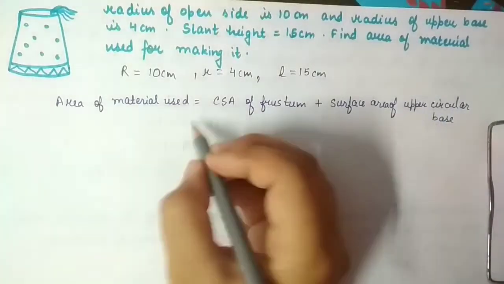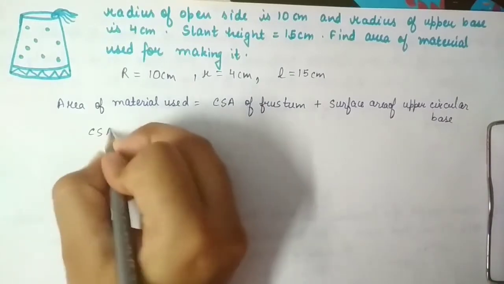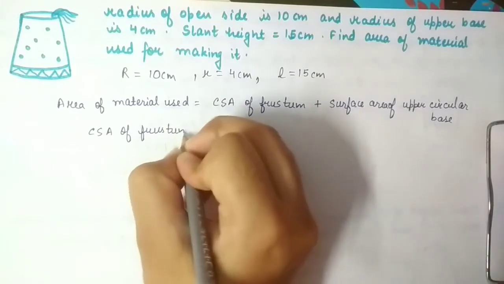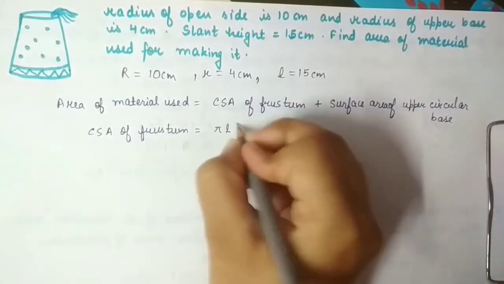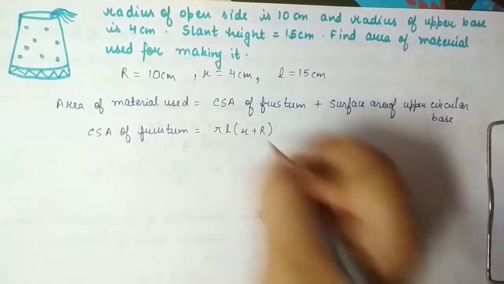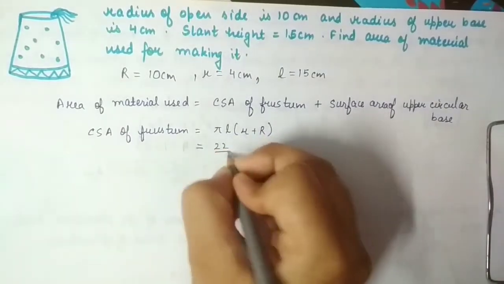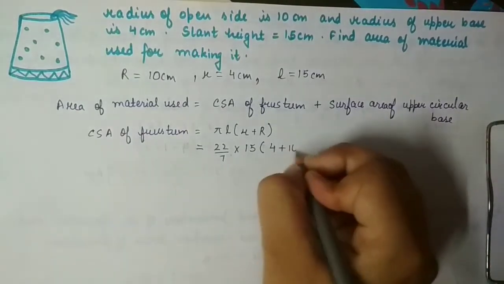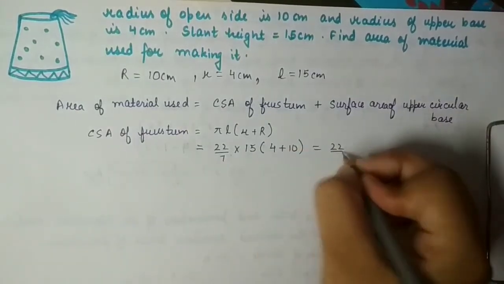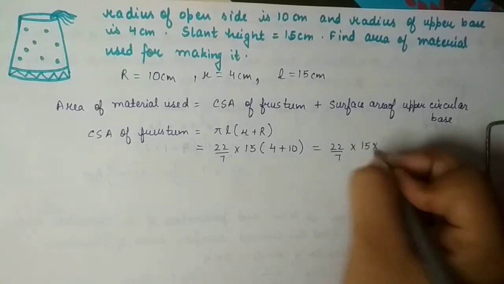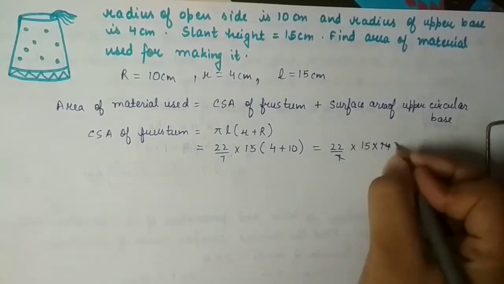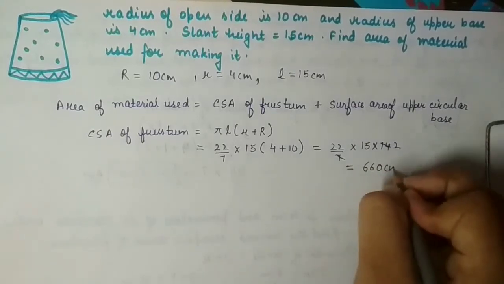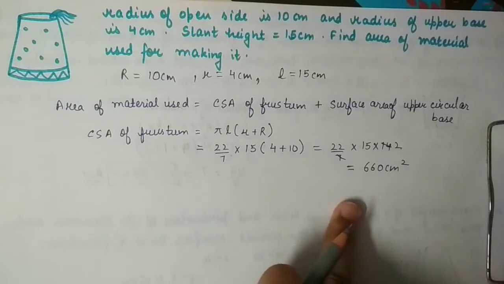So first of all find out CSA of frustum. CSA of frustum is given by the formula pi L into small r plus capital R. Put the values: 22 by 7 into 15, small r is 4 plus 10. This is 22 by 7 into 15 into 14. So cancel the terms and you will get it equal to 660 centimeter square. So this is the CSA of frustum.